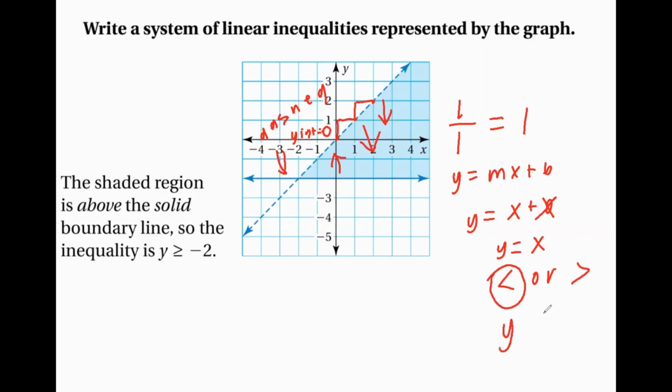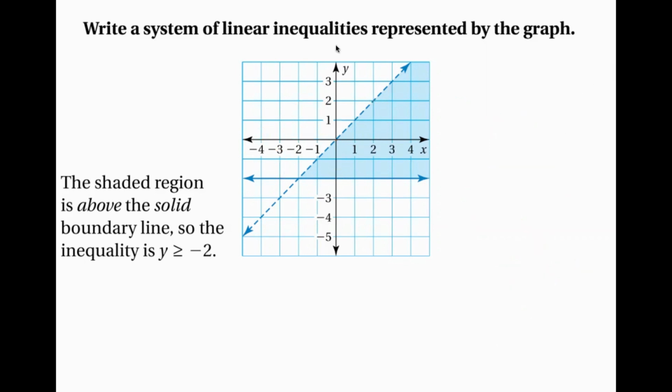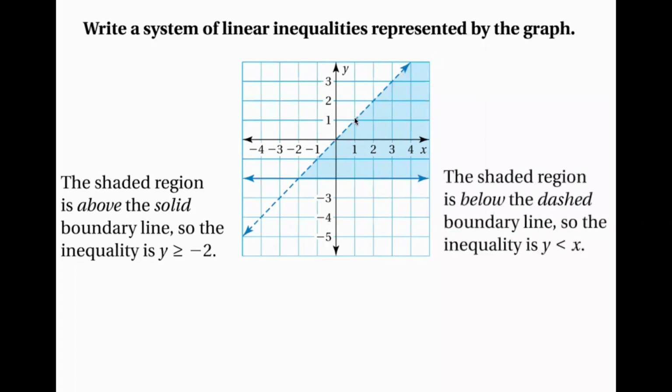That would be y is less than x. So let's go ahead and summarize our reasoning. The shaded region is going to be below the dashed boundary line, so the inequality will be y is less than x. Our final solution would be the system: y is greater than or equal to -2, and y is less than x.